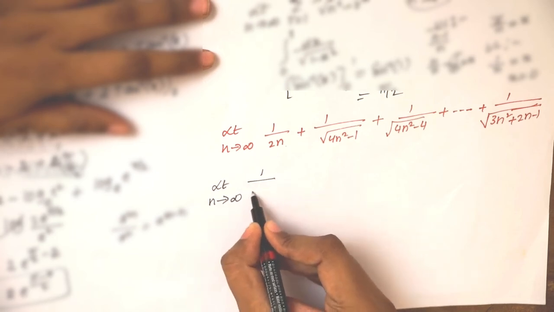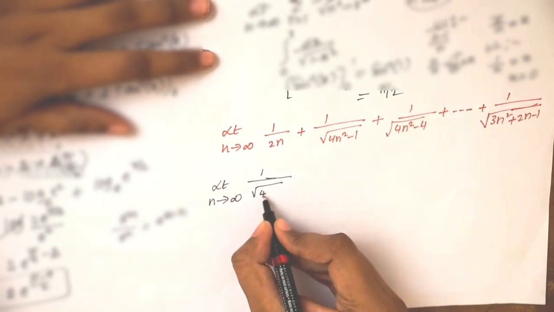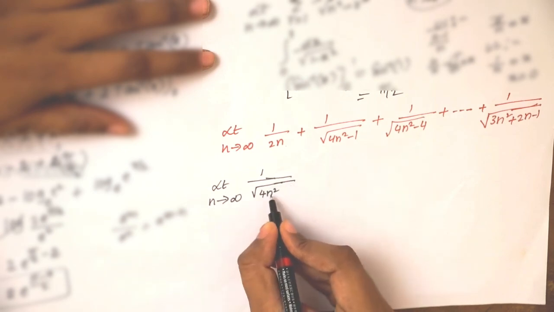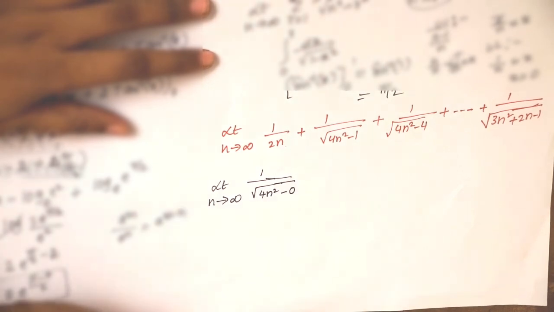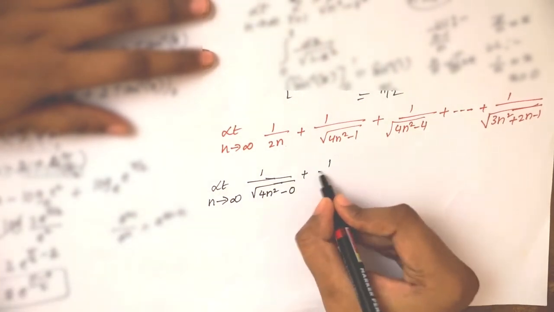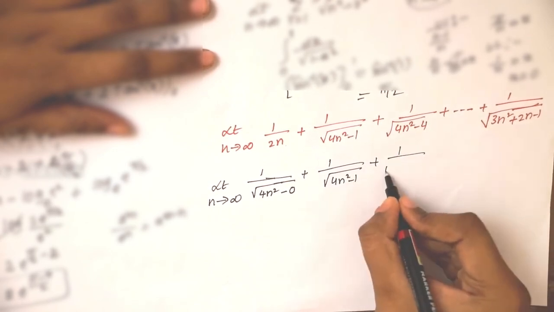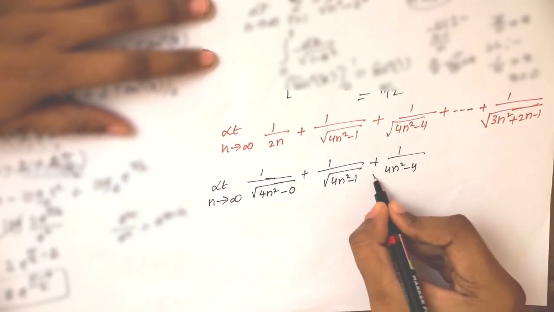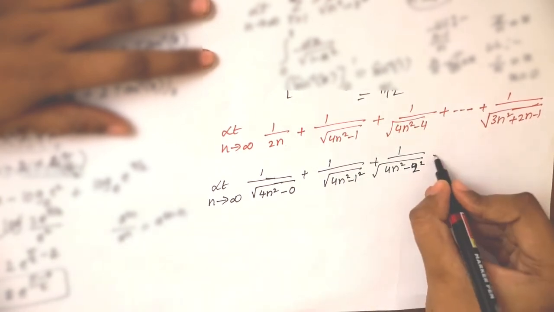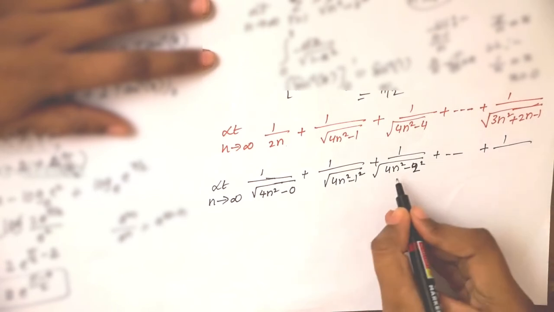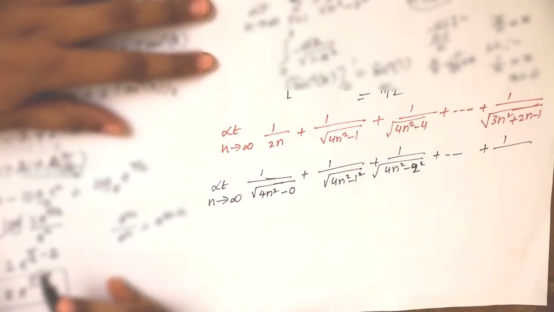Can we write it as everything having 4n square? Yes, we can write the square root of 4n square as 2n. It is matching. Take that minus 0. And the rest: 4n square minus 1 plus 4n square minus 4. 4 can be written as 2 square, 1 can be written as 1 square. If it is continuing like that, 4n square minus n square means just 3n square should come.